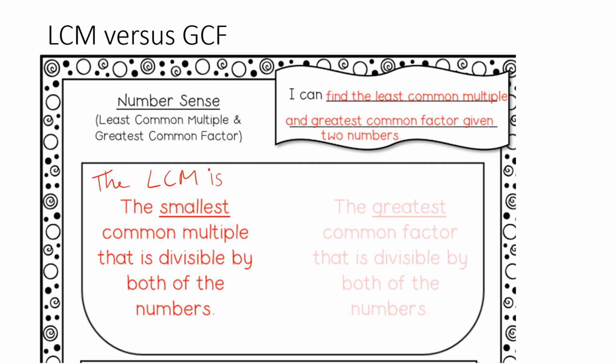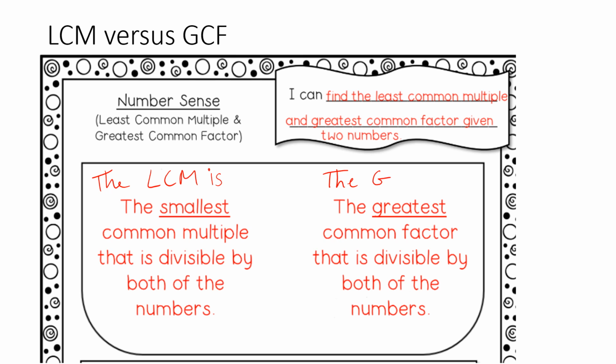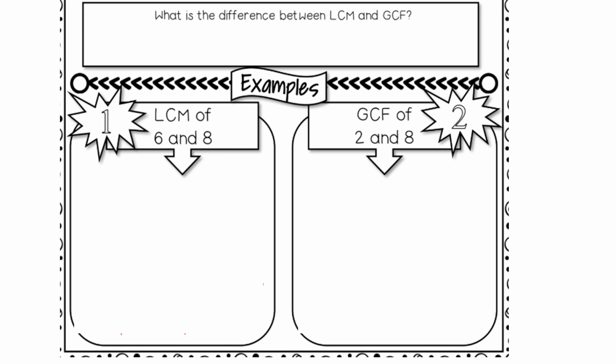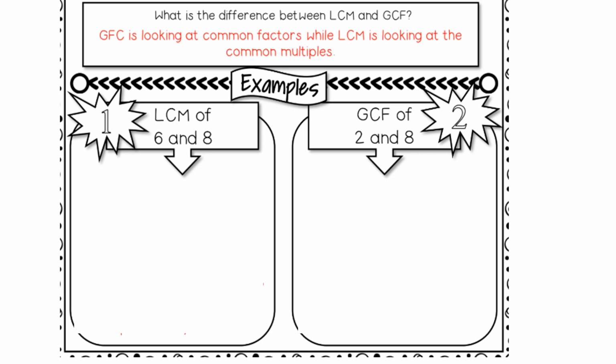And the GCF is the greatest common factor that's divisible by both numbers. And what's the difference? Well, the GCF, you're looking at common factors. The LCM, you're looking at common multiples.